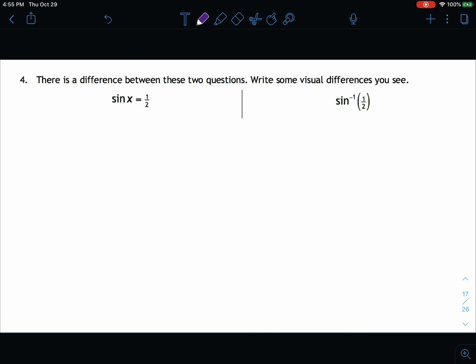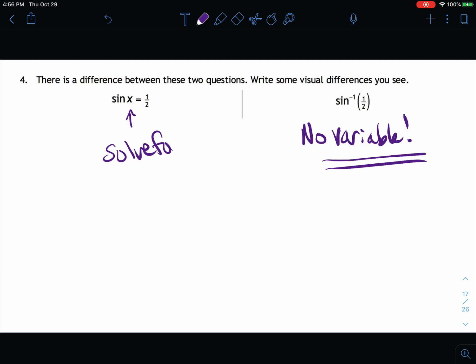Okay, there's a difference between these two questions. So visual differences: there is no variable here. And I'll tell you right now, this is something that gets students very quickly. There's a lot of confusion with this. This, we need to solve for x.